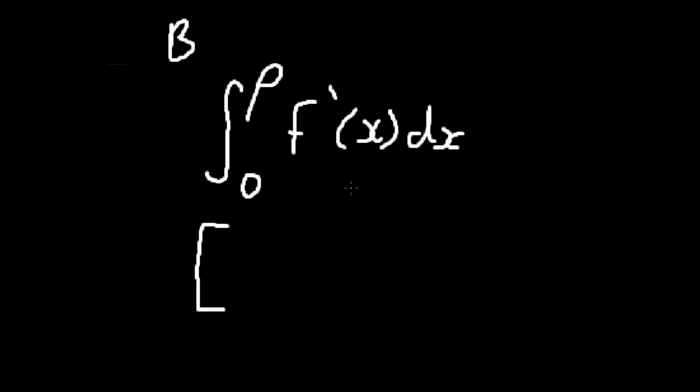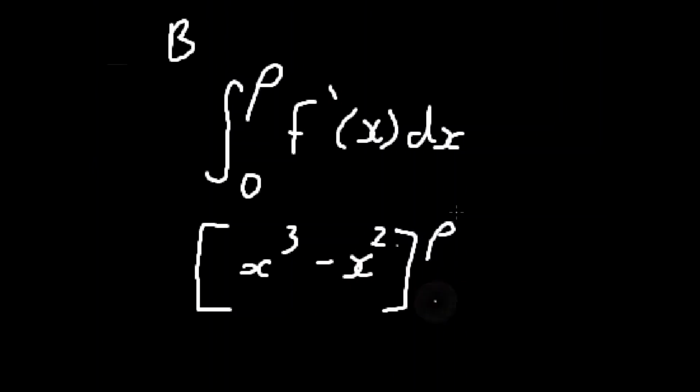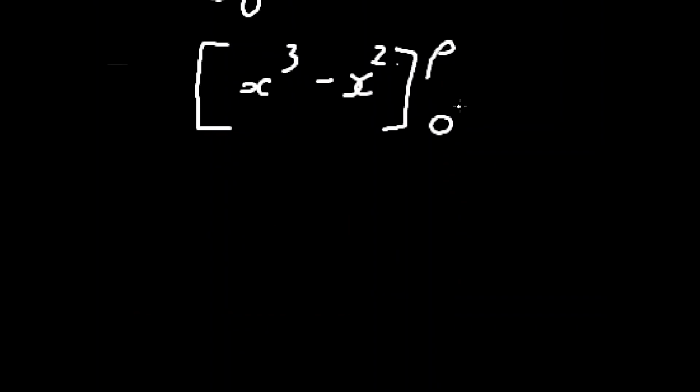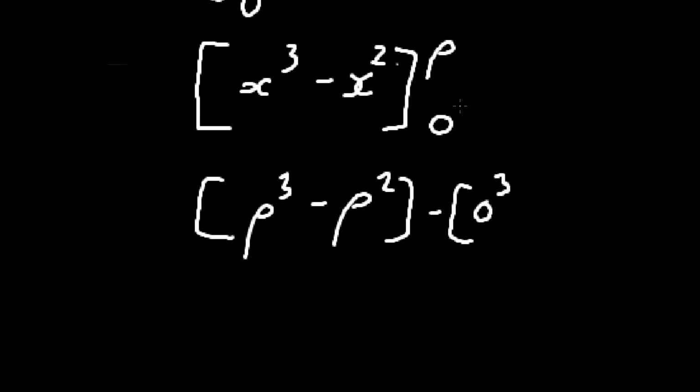So we know it originally goes back to being the original value, that x to the power of 3 minus x squared. Now substituting that p value in there, and then putting that 0 value in on the minus side, what we'll get is rho to the power of 3 minus rho to the power of 2, and then minus 0 to the power of 3 minus 0 to the power of 2.